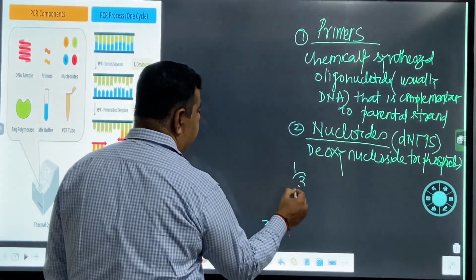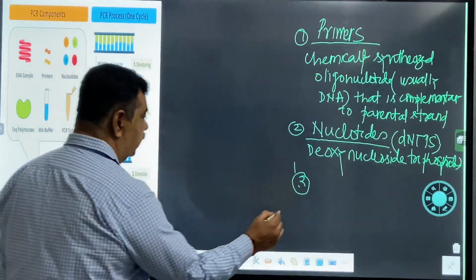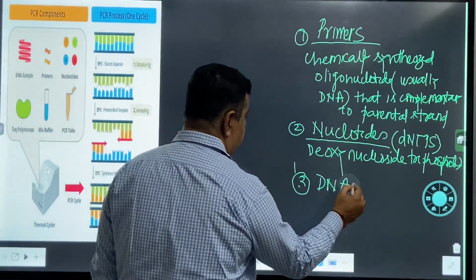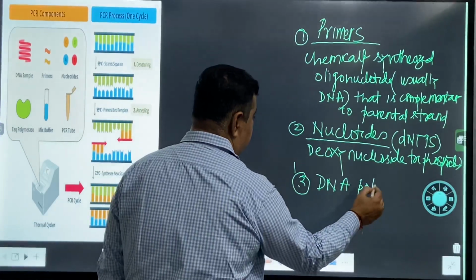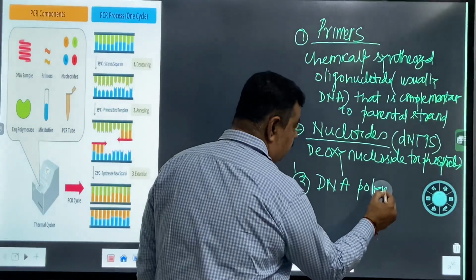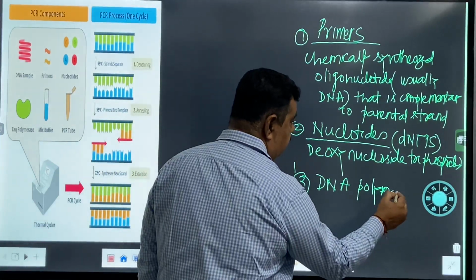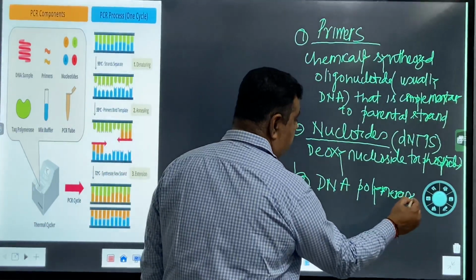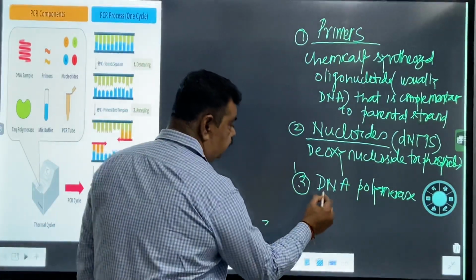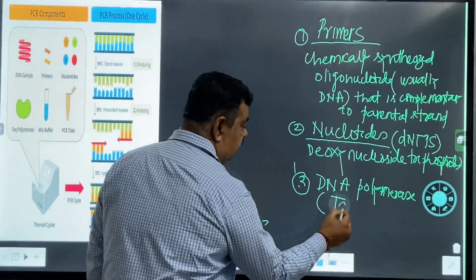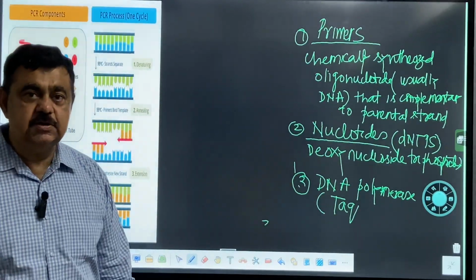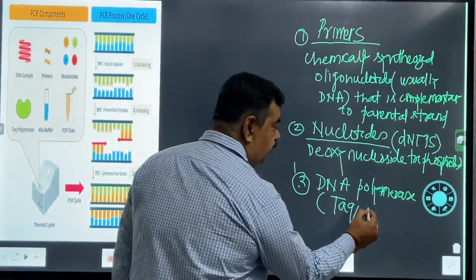Third component is the DNA polymerase. And in PCR, a special type of DNA polymerase is used, that is called Taq polymerase.